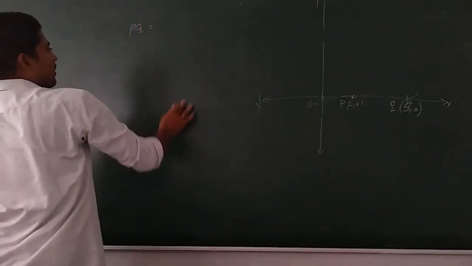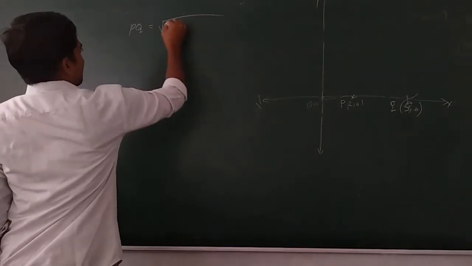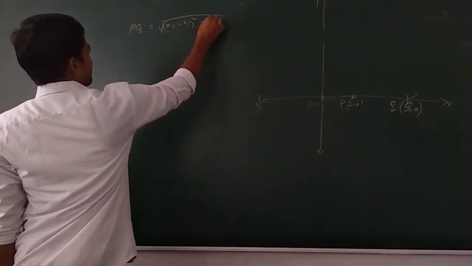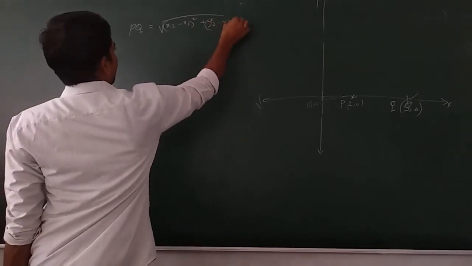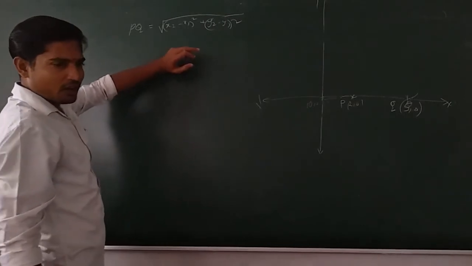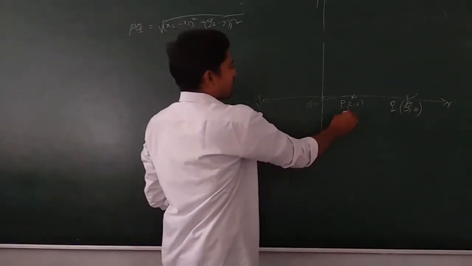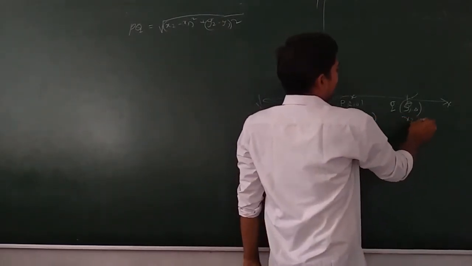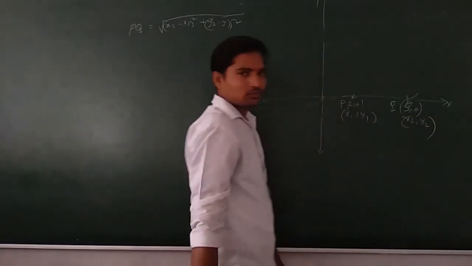PQ equal to, we have a formula, square root of x2 minus x1 whole square plus y2 minus y1 whole square. Right? So this is x1, this is y1, this is x2 and this is y2.